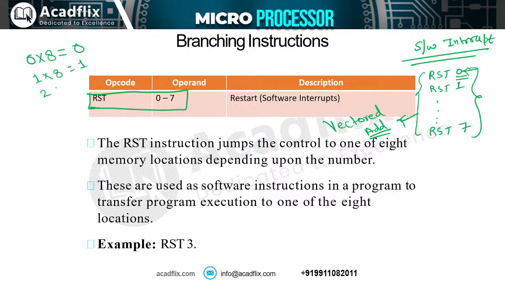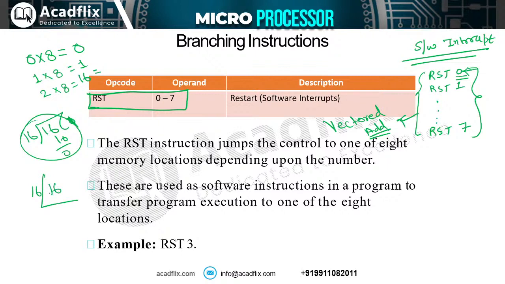For RST 2, the jump address will be 16, and 16 in hexadecimal will be... If you want to convert any decimal value into hexadecimal, you divide it by the base value.